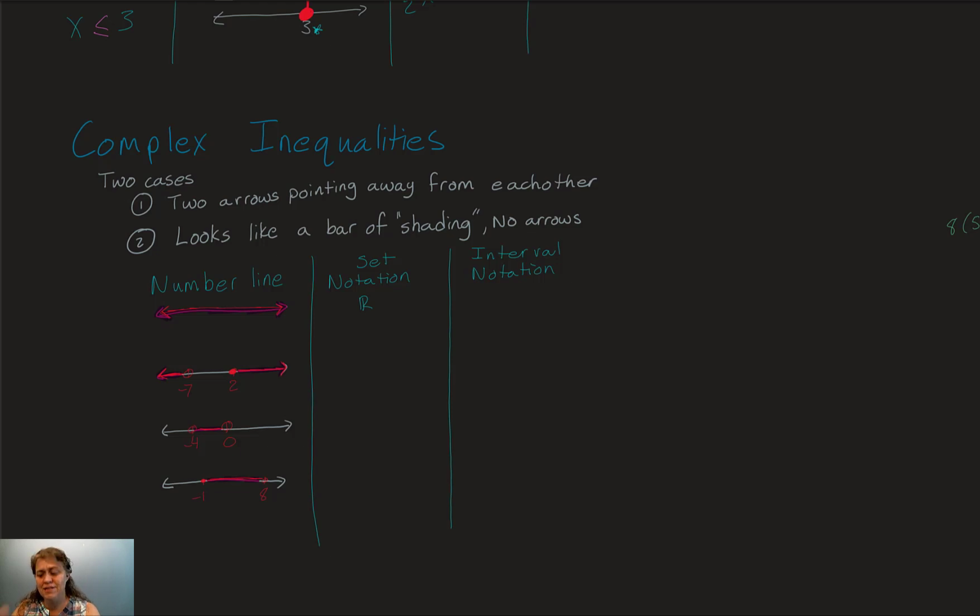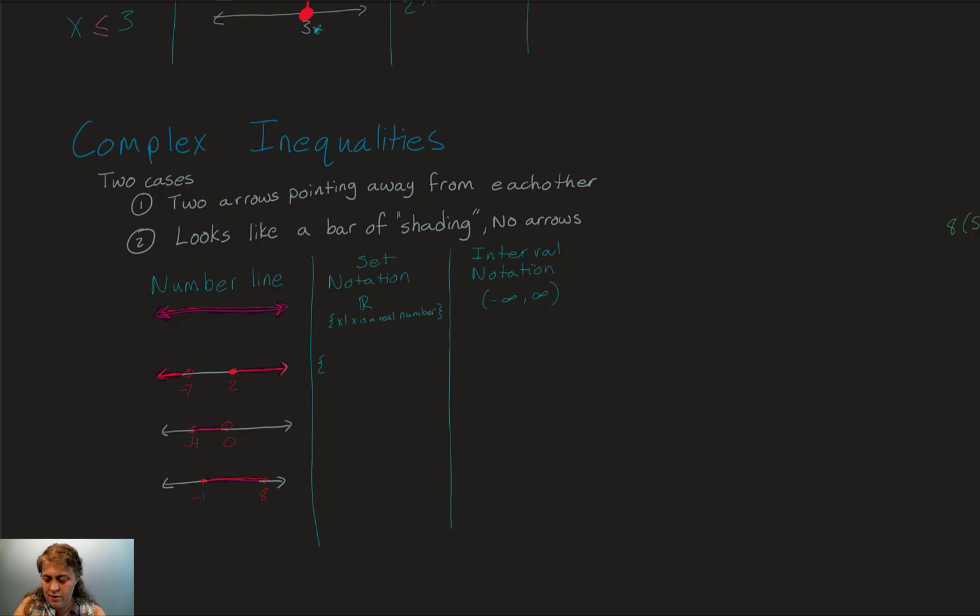Actually, no, you can't, because this is set notation, and you have to write all real numbers. For interval notation, our smallest number is an arrow, our biggest number is an arrow, and we can never actually get to infinities. So we've got negative infinity to positive infinity, and parentheses on both of those. Set notation, so we're going to have a curly bracket. You could also, I guess, write x such that x is a real number.